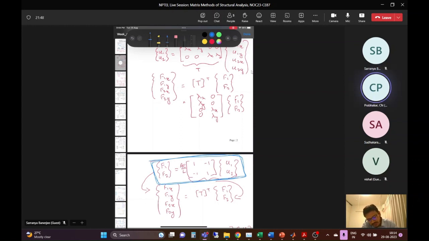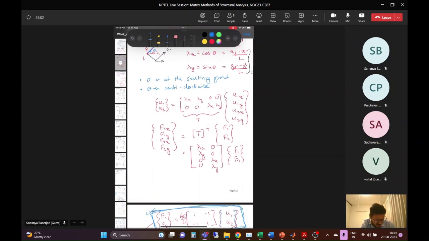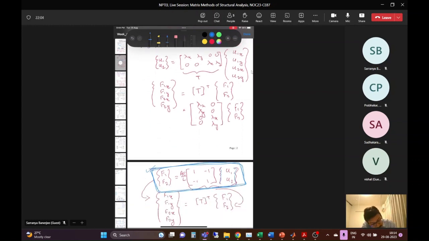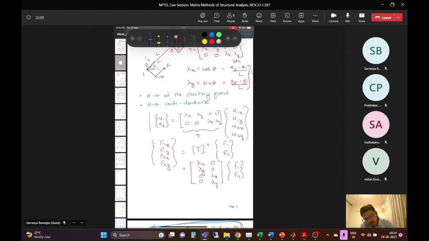So now we just want to find the left side, find the member forces, but we have the global coordinate system displacements. So what we do, we convert the local coordinate system displacement into global coordinate system. So how to convert local to global? This blue box will give us the local coordinate system displacement in terms of the global coordinate system displacement.